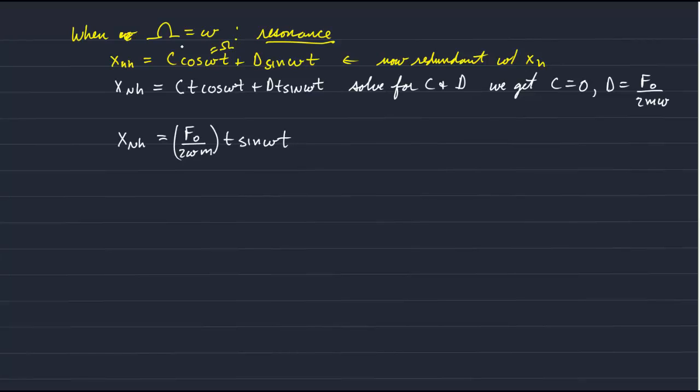This again is when capital omega is equal to little omega. And so if we were to plot that up, what you should notice is we have a periodic function, and the amplitude of the periodic function increases linearly with t.